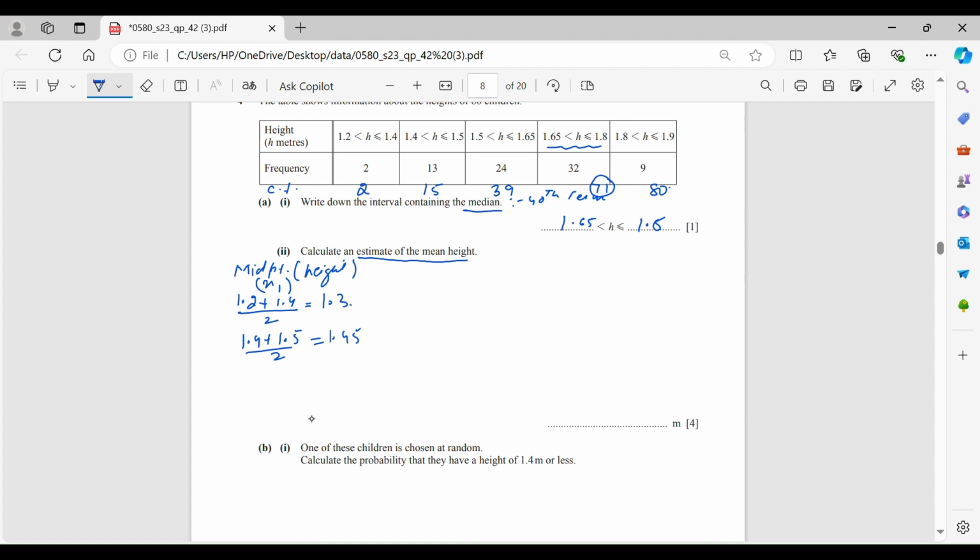Next will be 1.5 plus 1.65 divided by 2, which will be equal to 1.575.